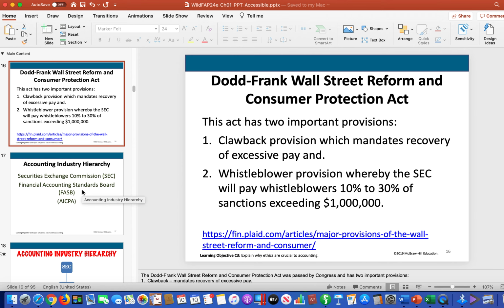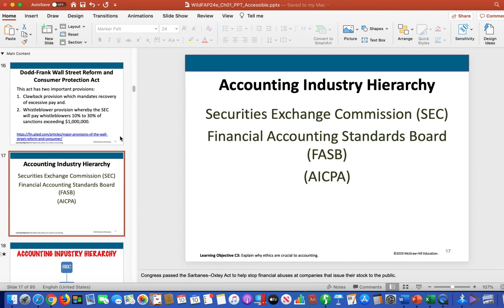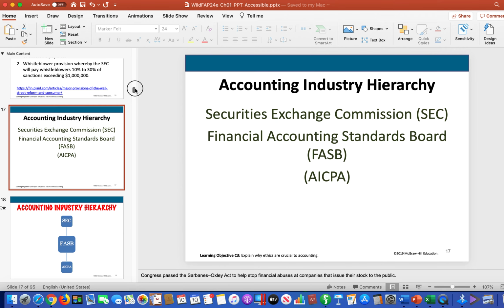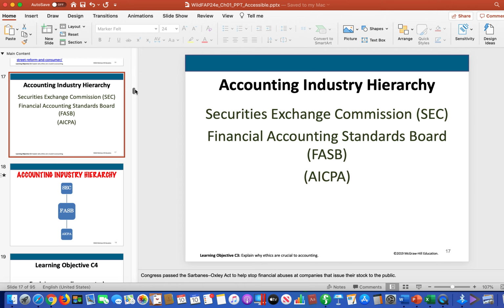Now, moving on: the accounting industry. There is a hierarchy or a chain, not a chain of command, but a chain of authority, if you would. At the very top, we have the Securities and Exchange Commission, created in 1933-1934, and it oversees all the financial activities, particularly on Wall Street.